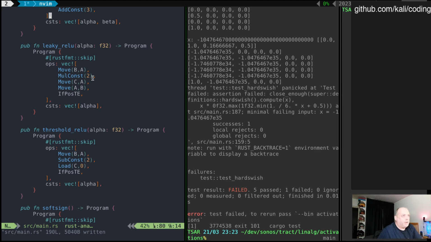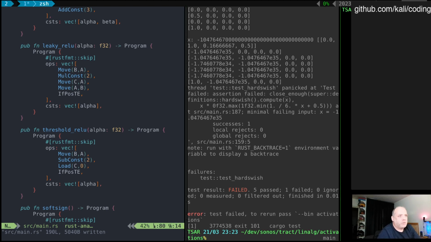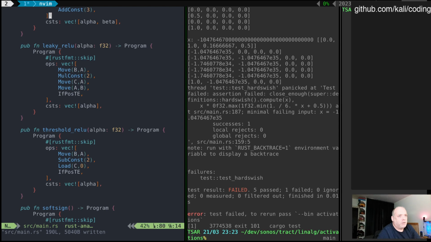We are multiplying by the constant 2, which is alpha, so it's 1/6. And yes, we, nope, that's not good. This is not good because this quantity should be smaller and it's bigger. So something is wrong, I guess.